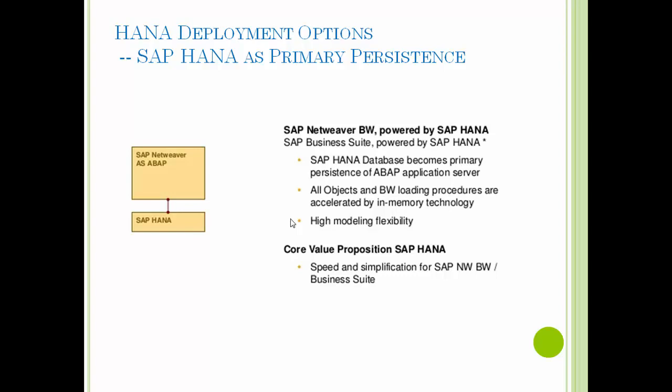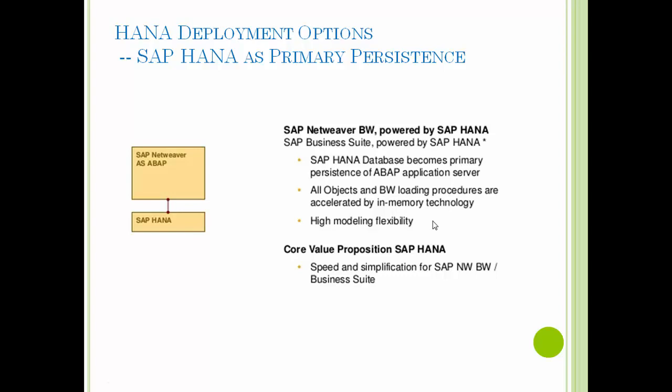functionality. By providers, I mean objects within a database that act as data providers within a query definition. So basically, while implementing, we build SAP Business Suite solutions to use SAP HANA as a primary database. Thus all objects and BW loading procedures get accelerated by in-memory technology directly, and it also offers high modeling flexibility.